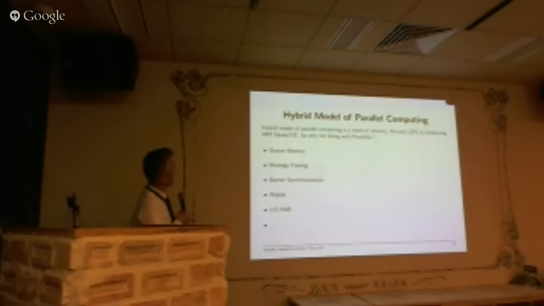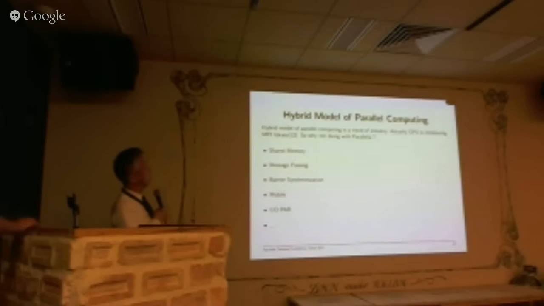So it's probably a hybrid model combining shared memory and message passing that is the right way for the Parallella. The hybrid model of parallel computing is a big trend in industry and academia.